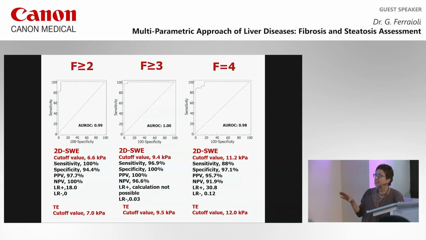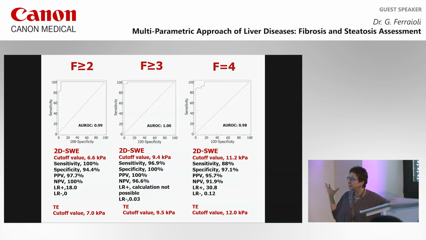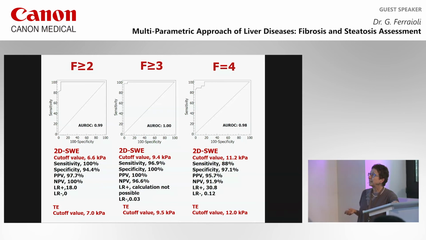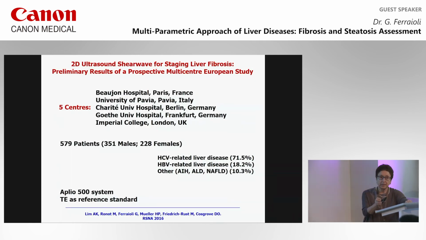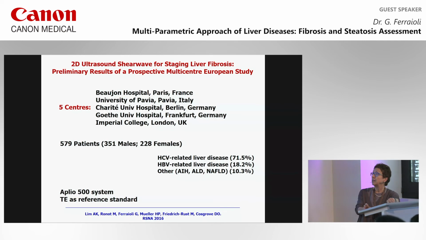As you can see, sensitivity and specificity were pretty high, and accuracy, looking at the ROC curves, is almost 1. Very high accuracy of the technique in staging liver fibrosis.